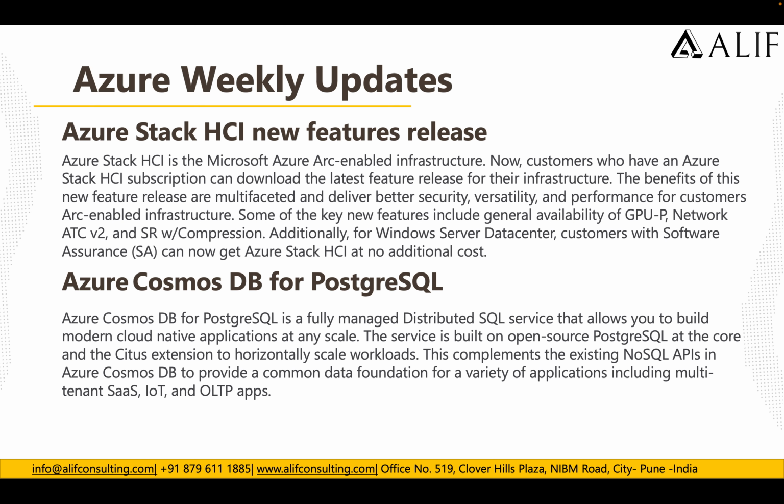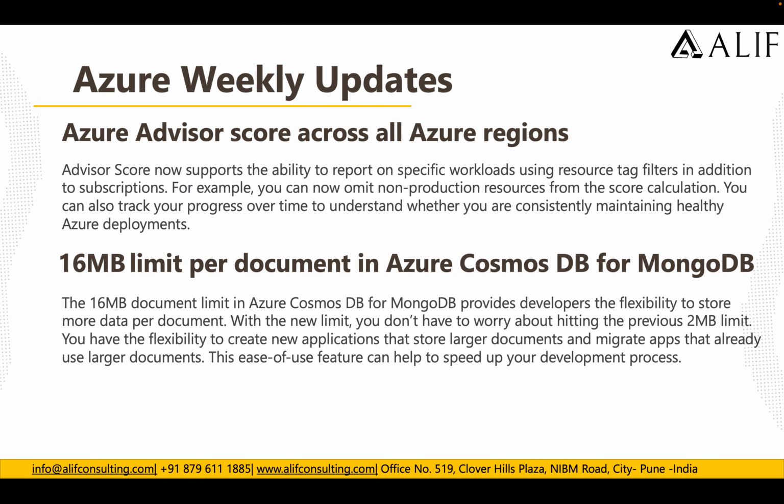This service is built on open source PostgreSQL at its core and contains extensions to horizontally scale workloads. This complements the existing NoSQL APIs in Cosmos DB to provide a common data foundation for a variety of applications, including multiple SaaS applications, IoT, and OLTP apps. So this is the capability which has been extended to PostgreSQL from Cosmos DB.